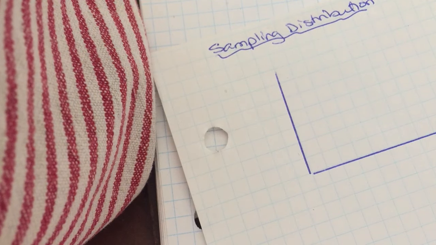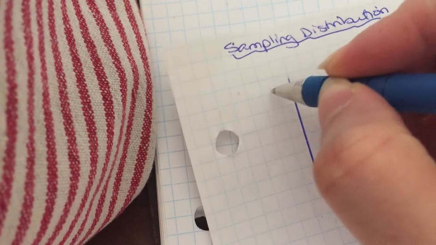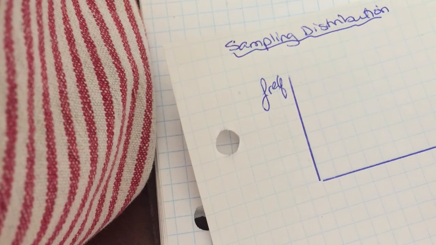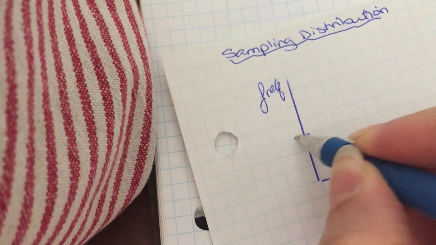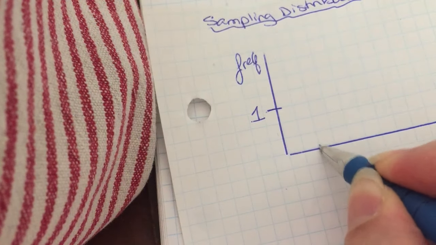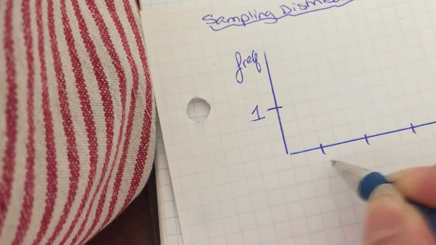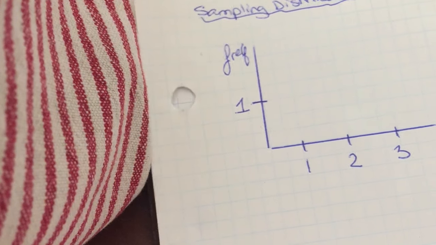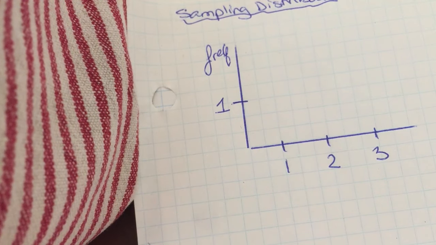Okay, so let's say that this is my frequency here. And let's say I have three values in my population.